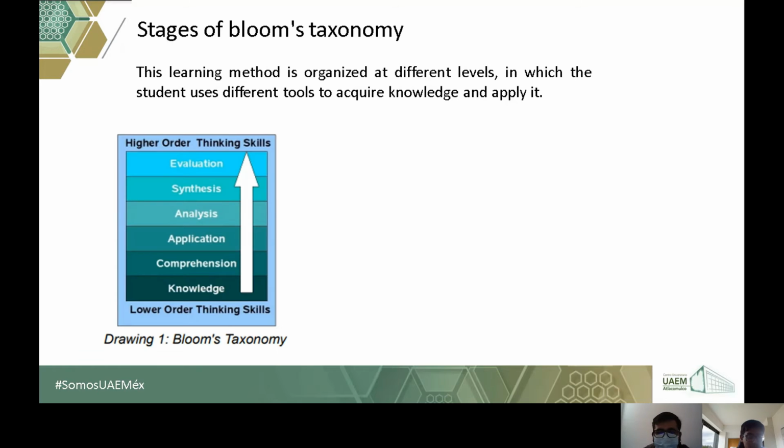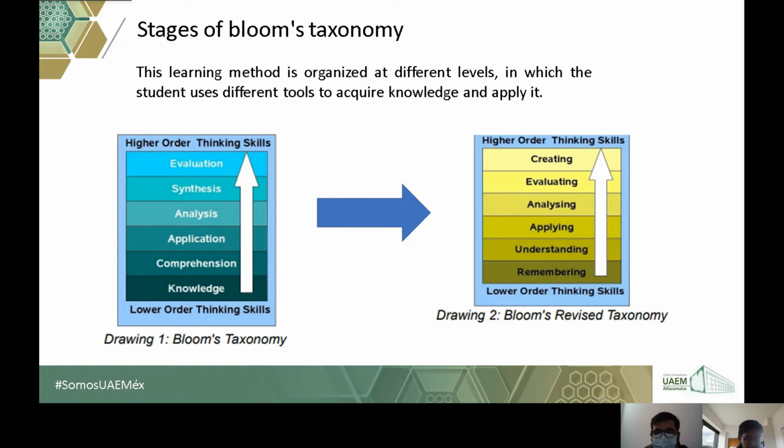Bloom's original taxonomy organized the student learning process in a series where the first layers of knowledge, understanding, and application were considered concrete levels. The following levels, analysis, synthesis, and evaluation, were considered abstract levels, as they require more planning of ideas.